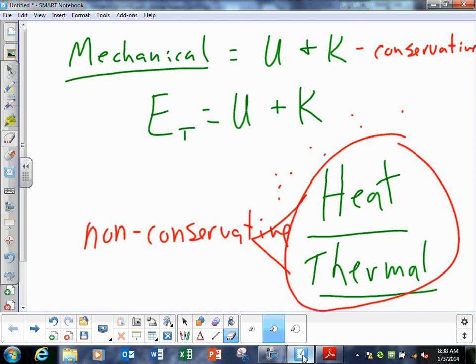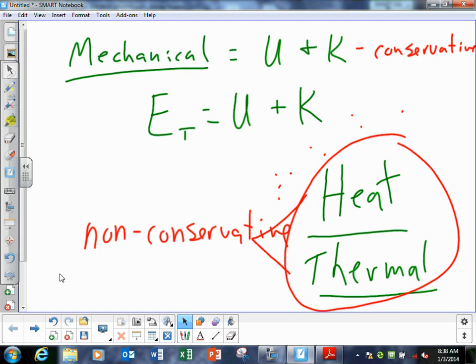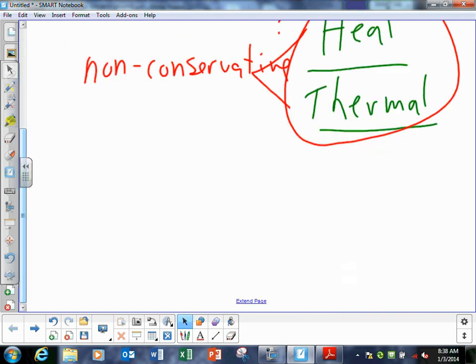So, what do you think would be a non-conservative force or non-conservative energy that we've already been talking about and dealing with in the last chapter? Any ideas? Well, take your hands, rub them together. What do you get?